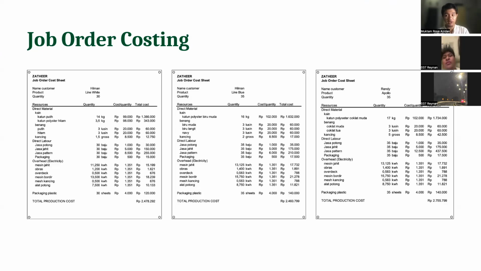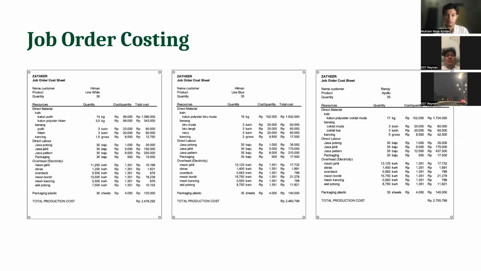Before we move to the next slide, we will give an example of how the company determines the pricing. For the line white, it's ideal for the company to take a minimum price of 2.5 million for the customer, and it's almost the same for the line blue too.